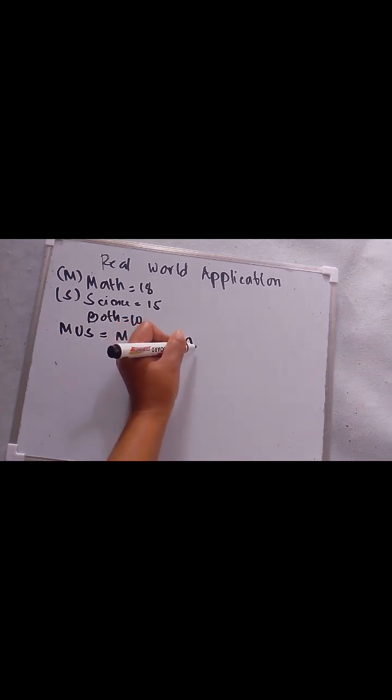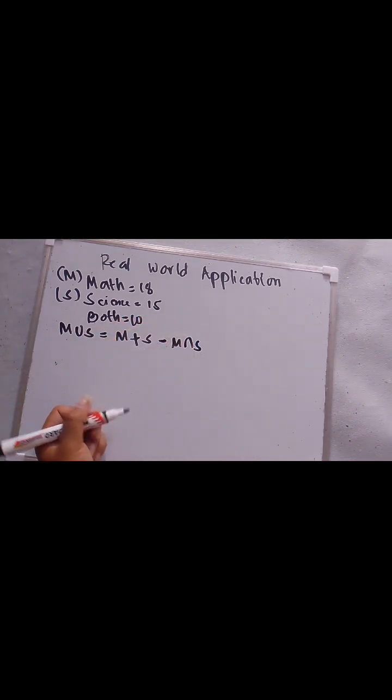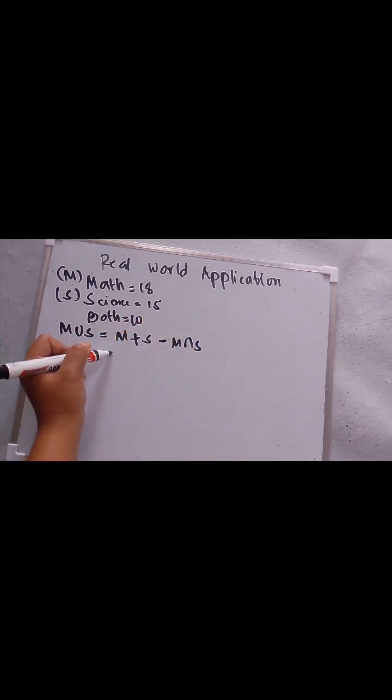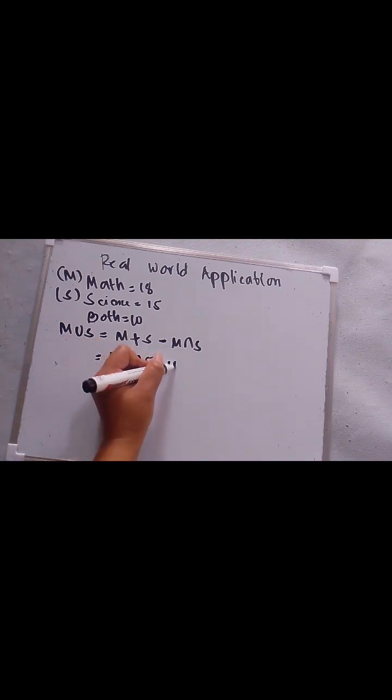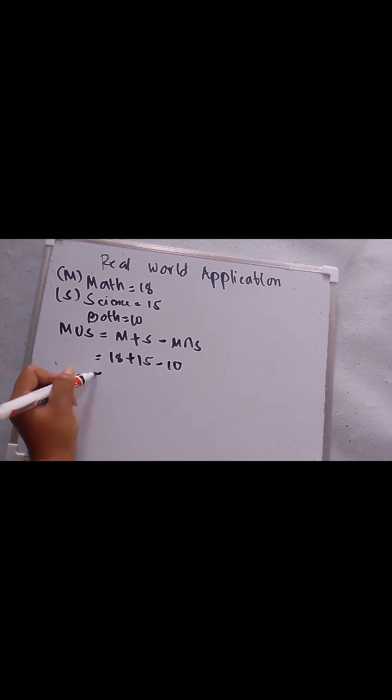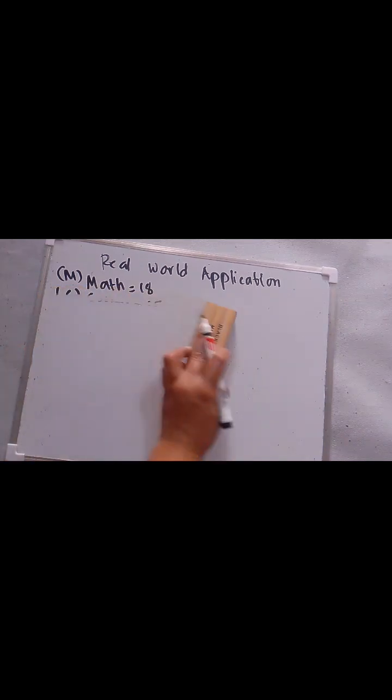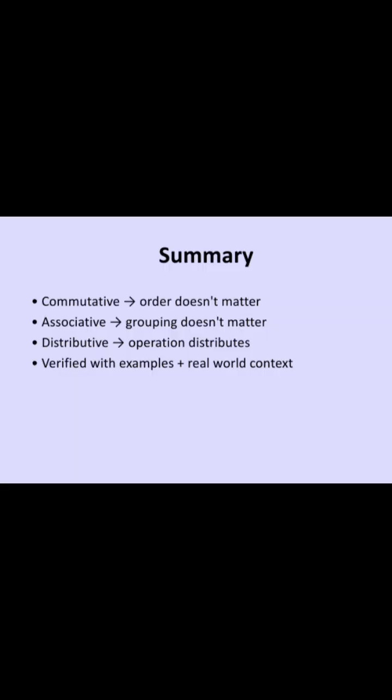So it equals 18 plus 15 minus 10, a total of 23 students. This correctly counts how many students like math or science without double counting those who like both. Set laws help us clean data, avoid errors, and interpret information correctly.